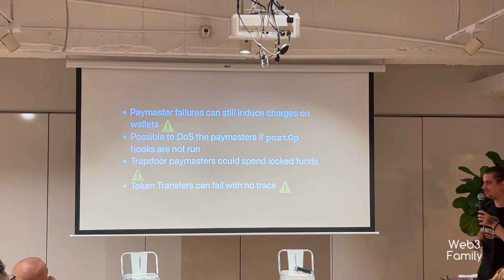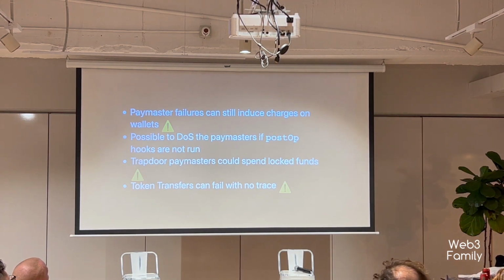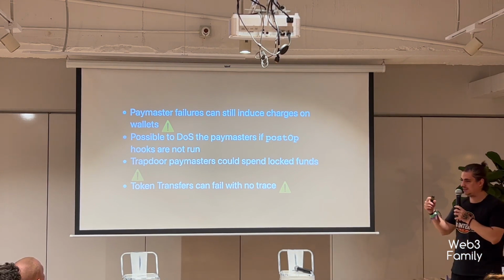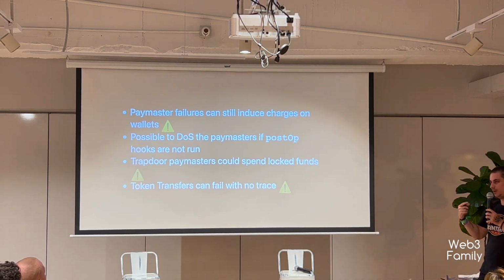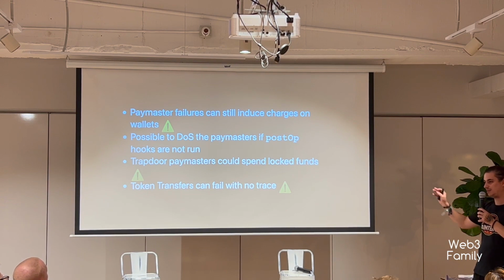That's the crazy thing that shouldn't happen on blockchains, but because of the complexity of the whole thing, it does. Second, it's not just the paymaster screwing you. You can also screw the paymaster, because it has hooks, like post hooks, that everything happened correctly.